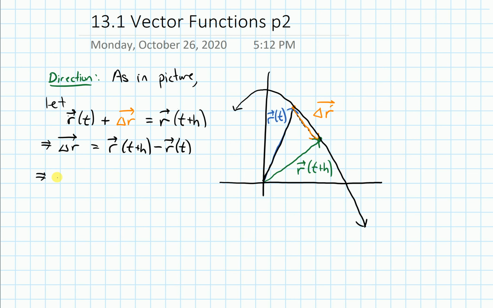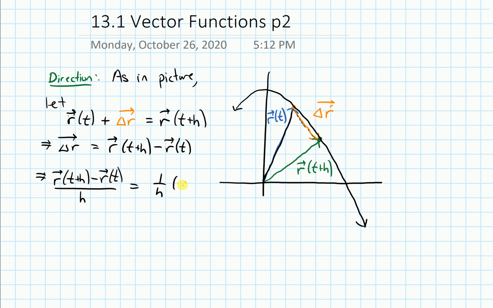If we divide both sides by h, I get r of t plus h minus r of t, divided by h. On the other side, we get 1 over h times the vector delta r. Looking at this equation, 1 over h is just some number.